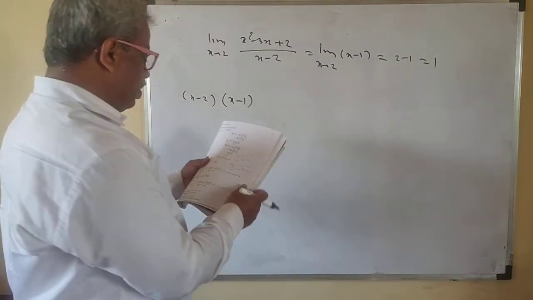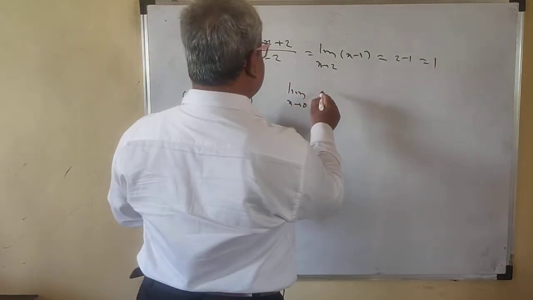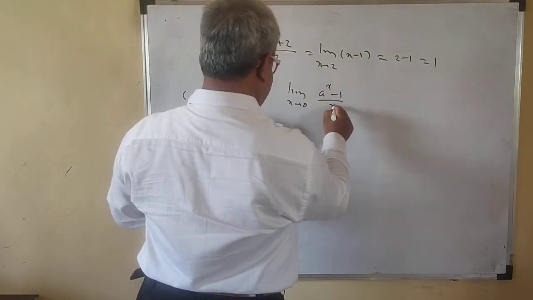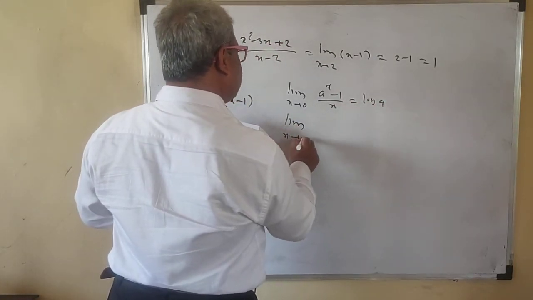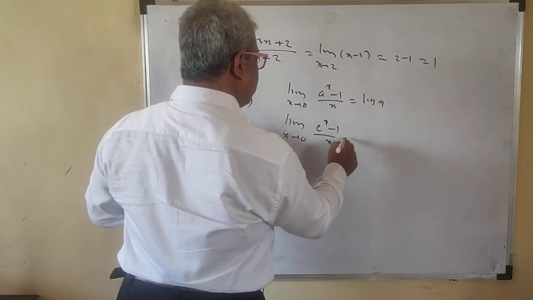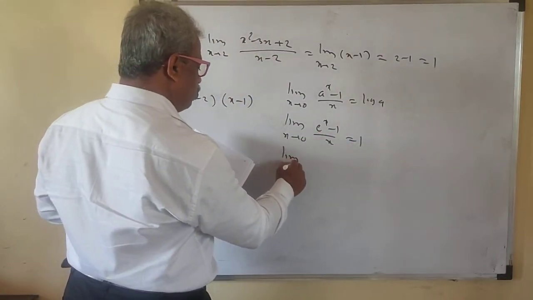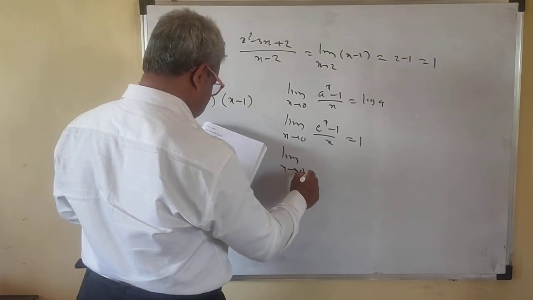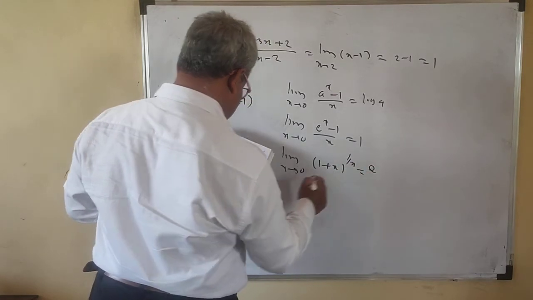One thing you should remember: limit x tends to 0. These are the formulas. Limit of a to the x minus 1 upon x is equal to log a. Limit x tends to 0 of e raised to x minus 1 upon x, so this is 1. Limit x tends to 0 of 1 plus x to the power 1 by x is e.